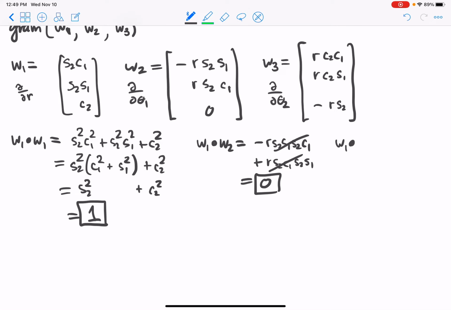Okay, let's take W1 dot W3. So that's now this one times this one. Okay, R C2 C1 times S2 C1. You have to just do this yourself and make sure you're careful. And now the last one is a minus.